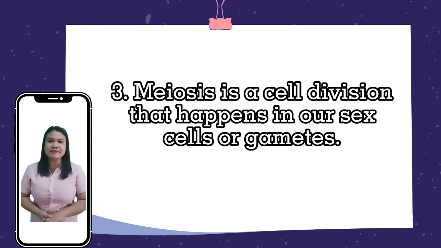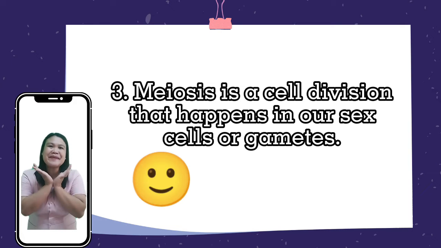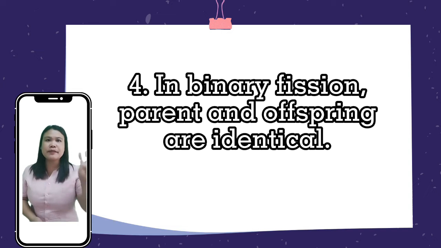Number 3. Meiosis is a cell division that happens in our sex cells or gametes. The answer is a happy face. Number 4. In binary fission, parent and offspring are identical.